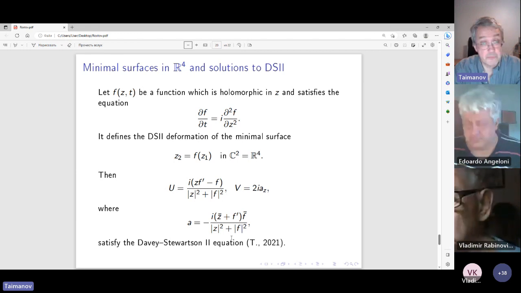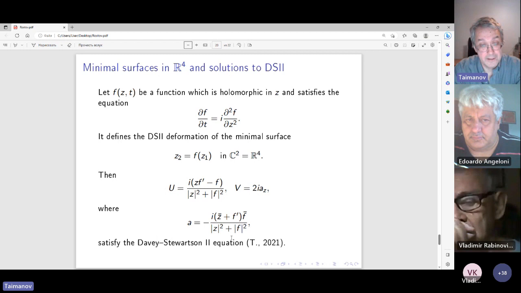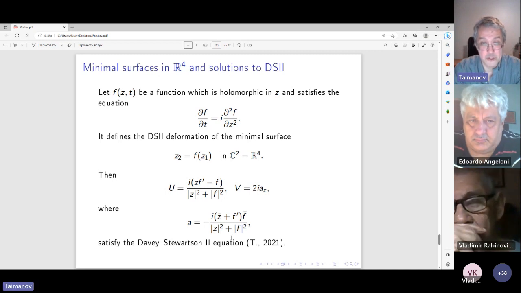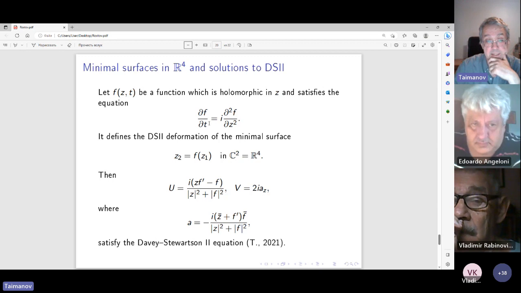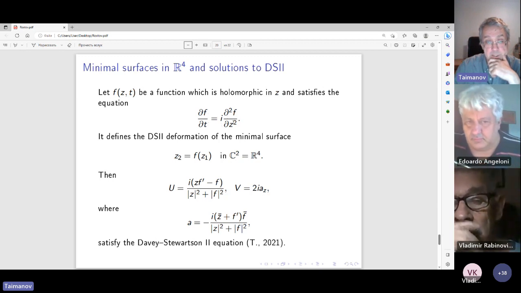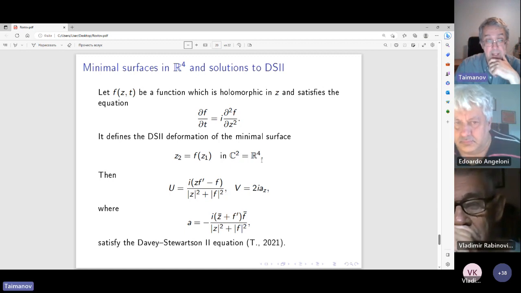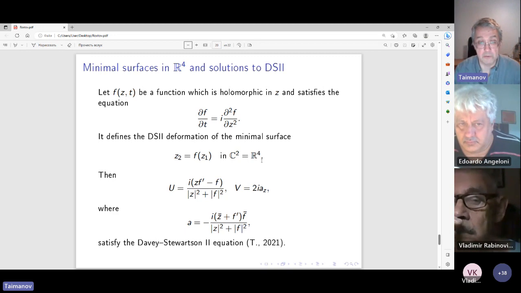But the eigenfunction is not stationary. Let f be a function which is holomorphic in z. It satisfies the equation df/dt equals i d2f/dz squared. It defines the Davey-Stewartson deformation of the minimal surface z2 equals f(z1).